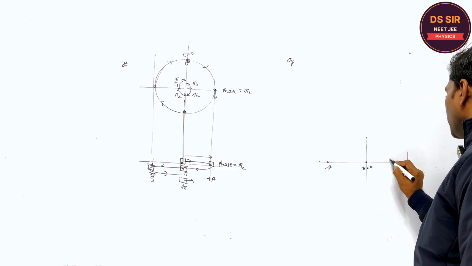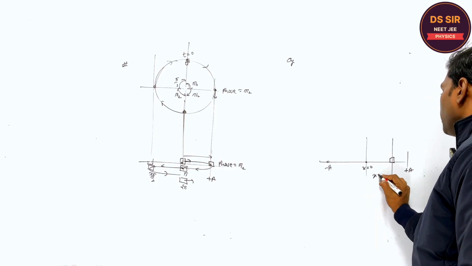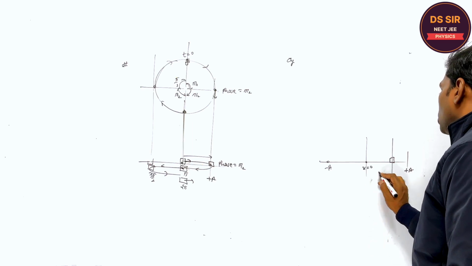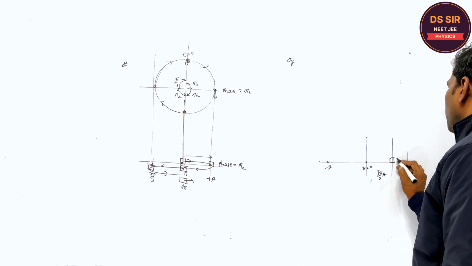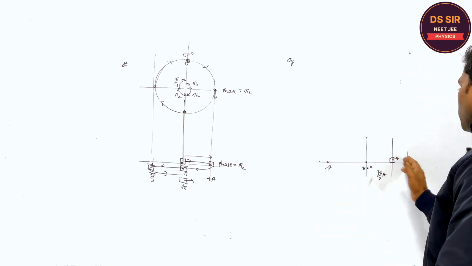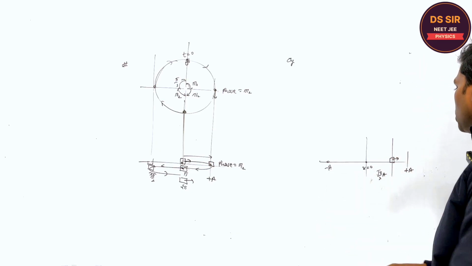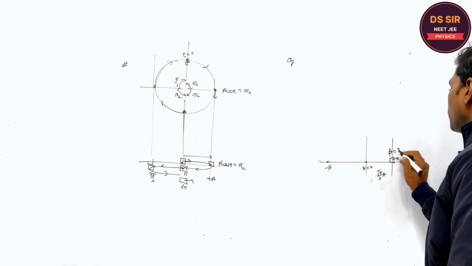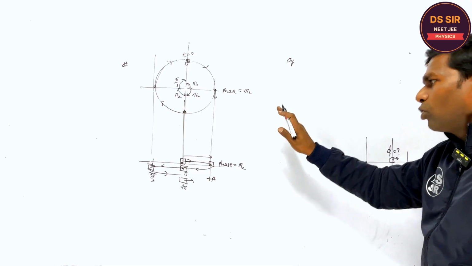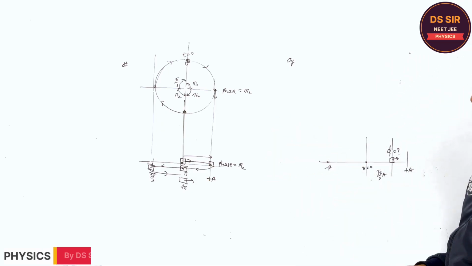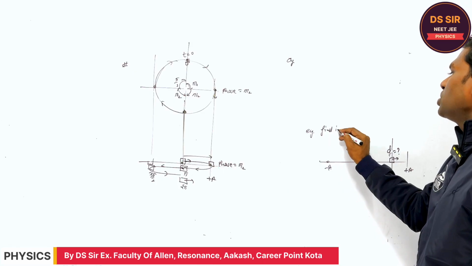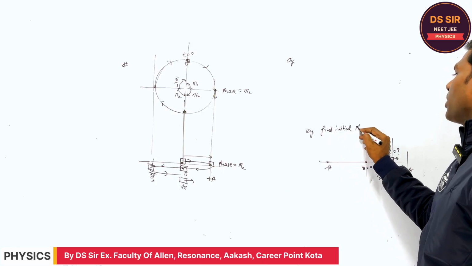If the particle starts its motion from x is equal to root 3 by 2 times of A, this distance is root 3 by 2 times of A, and it starts its motion over here. Are you getting or not? And it performs SHM like this. So can you tell me what is the initial phase over here? Copy this first, then I will give you 1 minute to think about this. In this question, find initial phase of the particle.